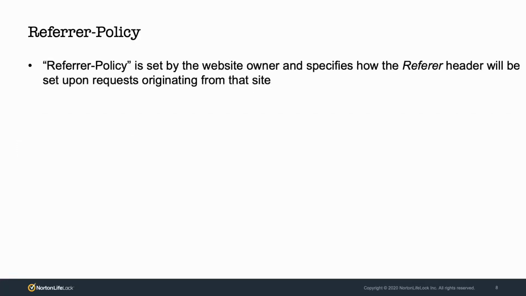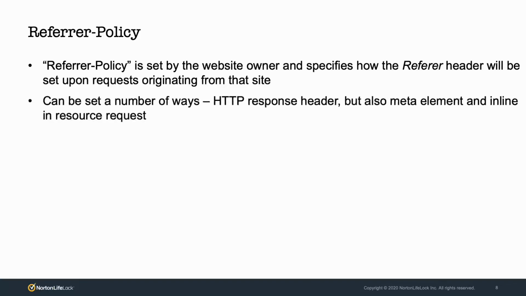The referrer policy is set by the website owner and specifies how the referrer header will be set upon requests originating from that website. It can be set in a number of different ways, for example, via the HTTP response header, but also via meta elements and inline inside the resource requests.